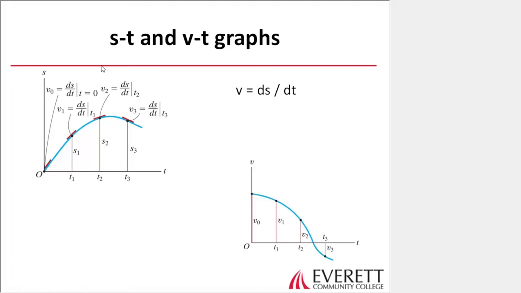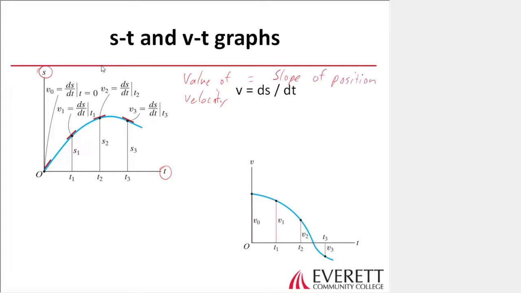So if we have a graph of position, up here, this is our position versus time, or our s-t graph, then at any given point, the derivative is equal to the slope. So that's telling us that the value of velocity at any given time is going to be equal to the slope of position.